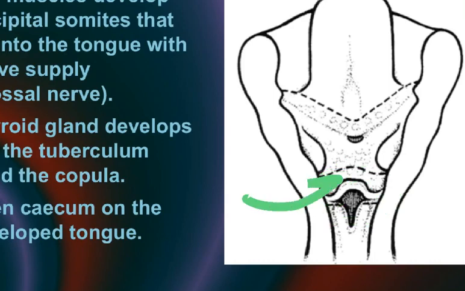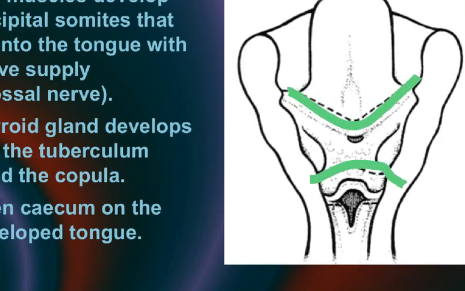This is from the fourth pharyngeal arch. So the nerve supply is from the vagus, general and taste sensation. From here to here, this is derived from the third pharyngeal arch, so the nerve supply is from the glossopharyngeal.